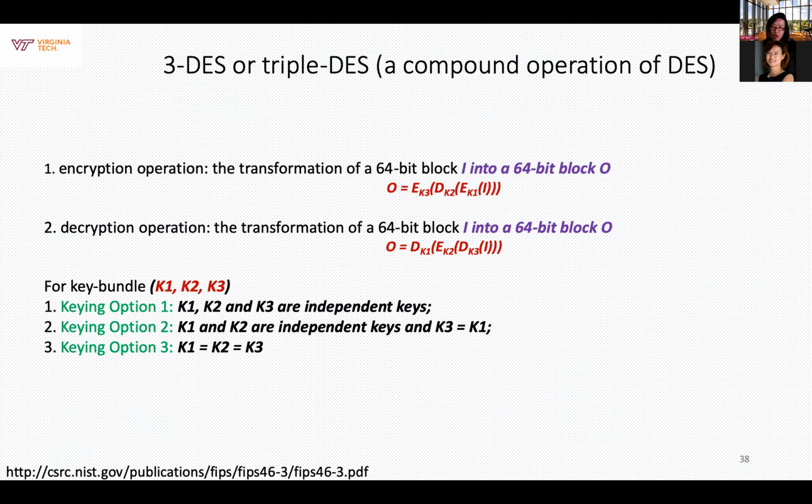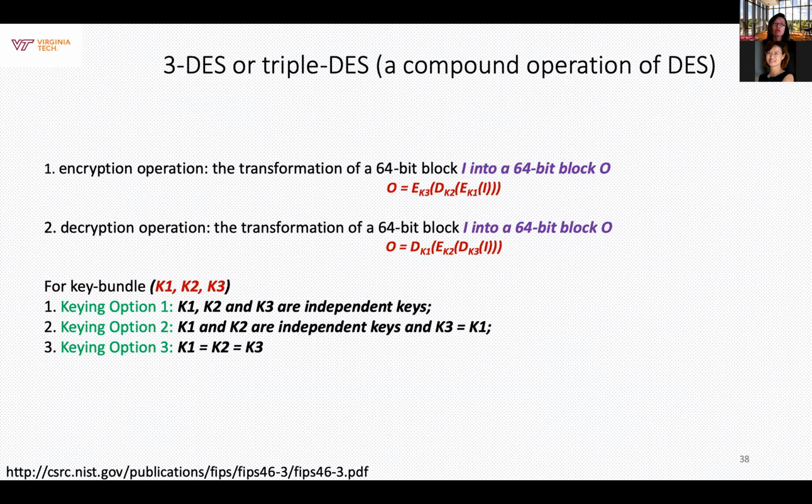Before AES, people also used a makeshift algorithm based on DES. It's called 3-DES or triple DES, because DES has very short keys, and they said, okay, maybe we should use it 3 times, and that will give us 3-fold security guarantees.